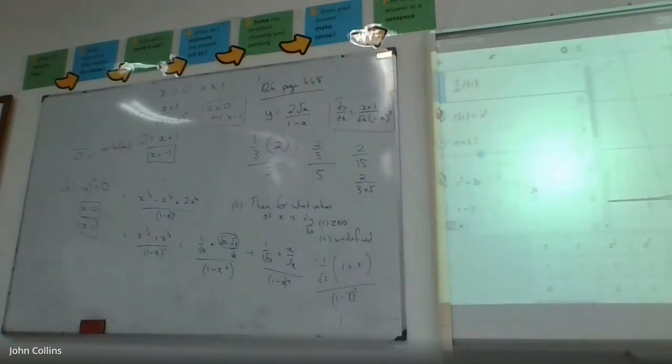So I didn't need to type all this in. What I could have done was just define it as x equals, and then done this one. I've already defined one f of x, otherwise it's confused, so let's do that.